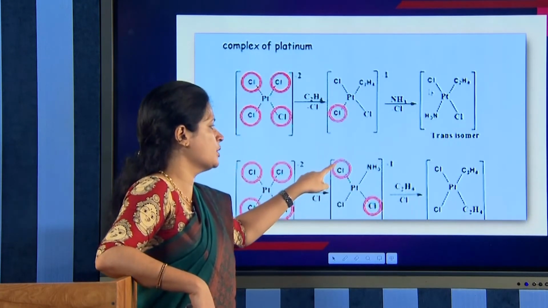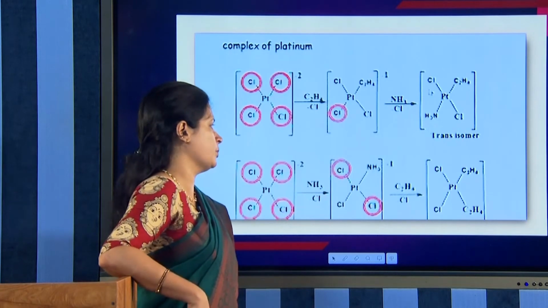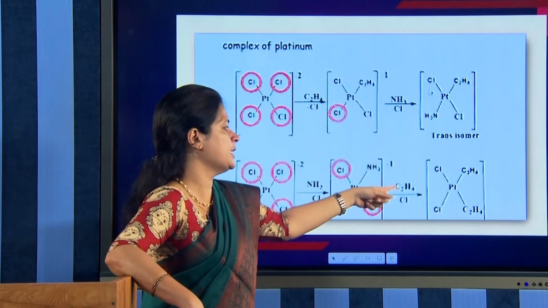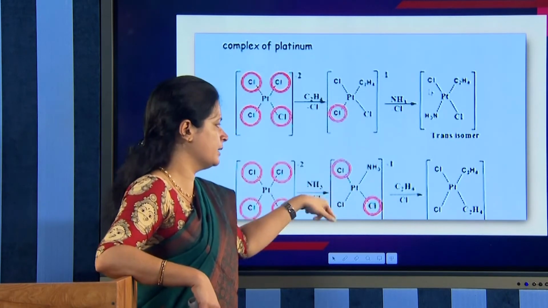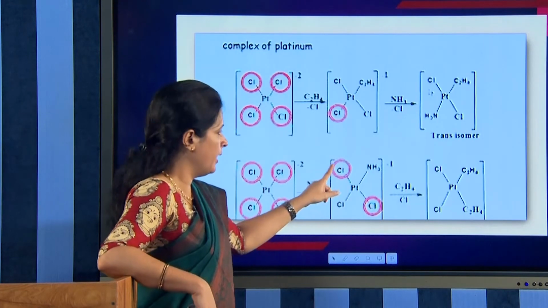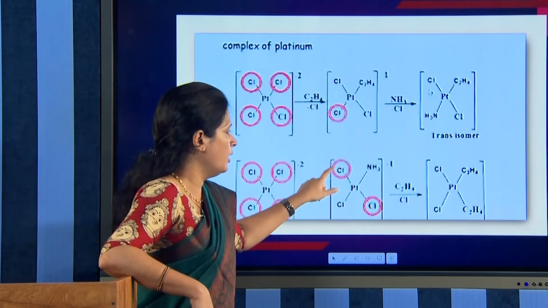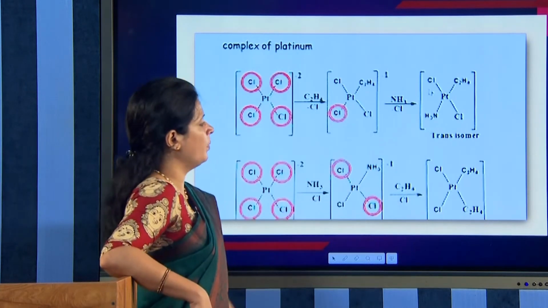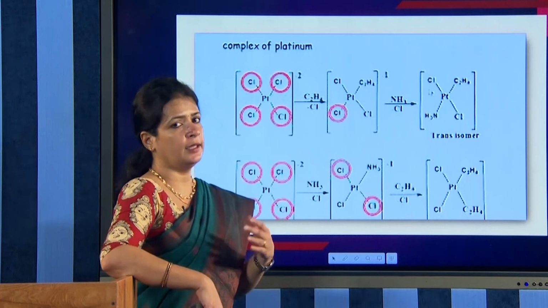If it is attached to this position also, I will get the cis isomer. See, either position, if the incoming C2H4 is attached here, I will get the cis Cl2, because this Cl and this Cl will be in the cis position. If it is attached here, this Cl and this Cl, the product is the same. So, the cis isomer is formed if I am adding C2H4 in the second step.